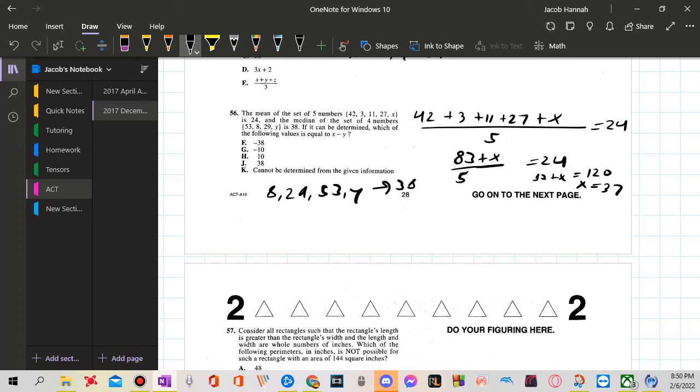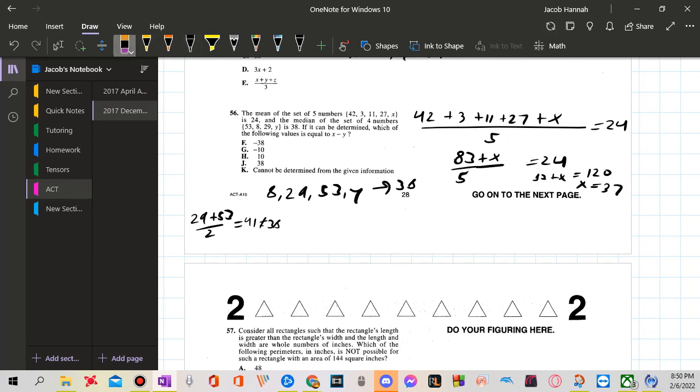In an even set of data, we pick the two numbers in the middle, add them up, and divide by 2. So 29 plus 53 is 82, divided by 2 is 41. That's not equal to 38.